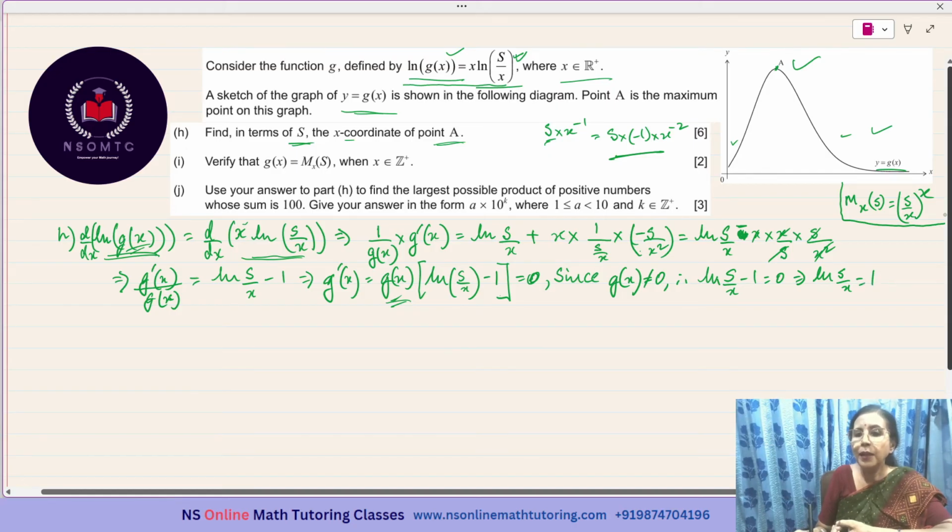This implies s over x is equal to e raised to the power of 1, so we have to give the x coordinate: x is equal to s over e. You can express it in decimal, but I'm keeping it as s over e.